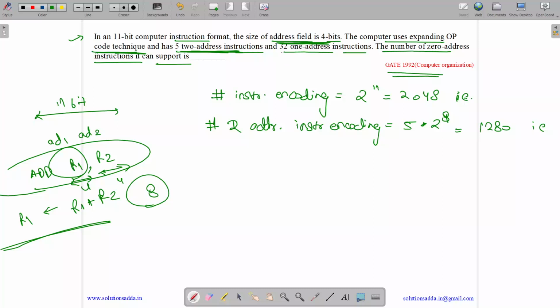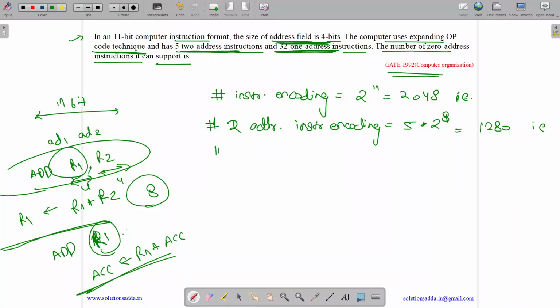Now we have 32 one address instructions. So let us suppose something like add R1. So it adds the value of R1 to the value of accumulator and stores it in accumulator.